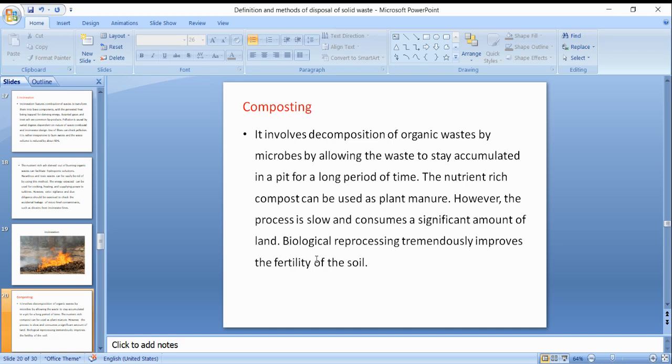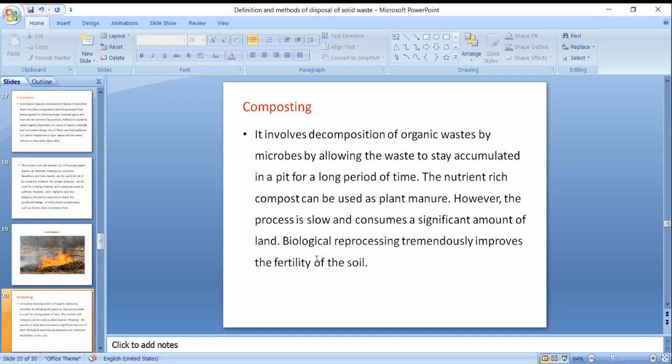However, the process is slow and consumes a significant amount of land, so a lot of land is required. Biological reprocessing tremendously improves the fertility of the soil.